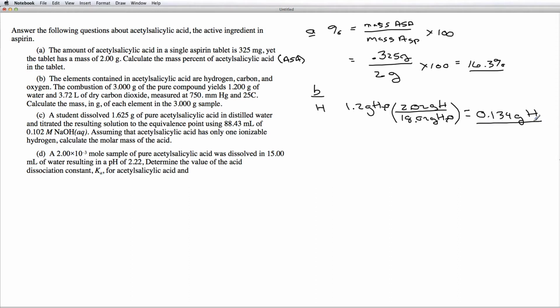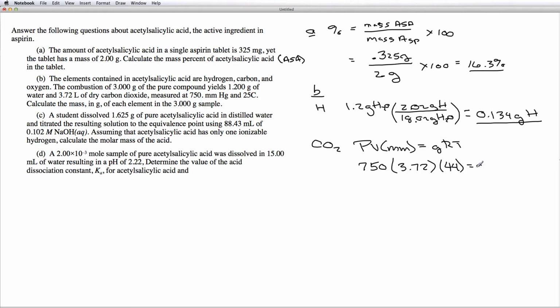So the first element is now done. Now we'll go to the second element, which is going to be carbon dioxide, CO2. In this case, they give us some gas laws, so we have to find grams using the ideal gas law. PV/MM equals g R T. The pressure is 750, the volume is 3.72, and the molecular mass of carbon dioxide, from the chart, is 44.